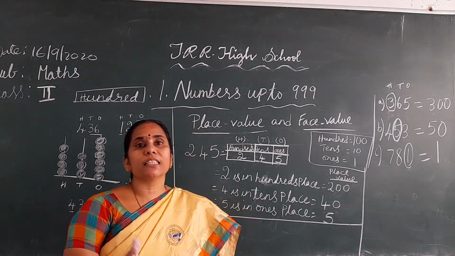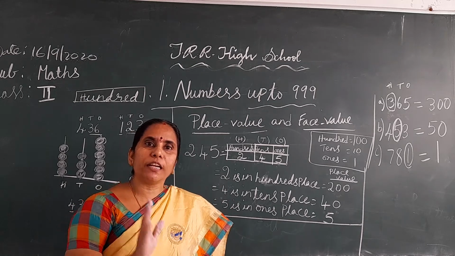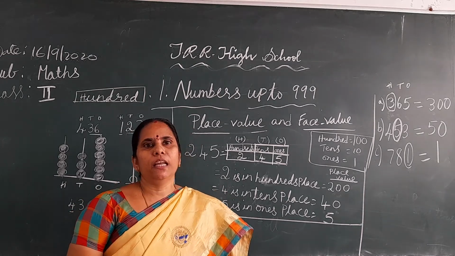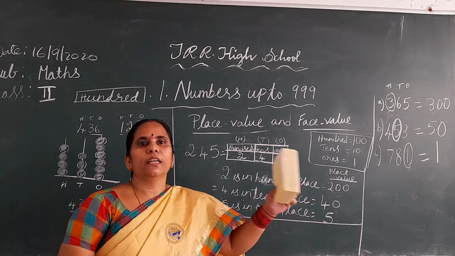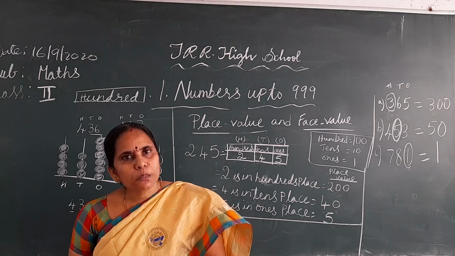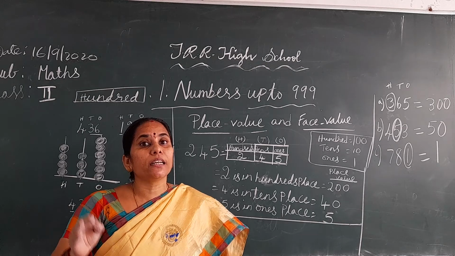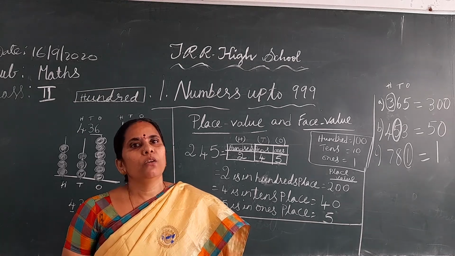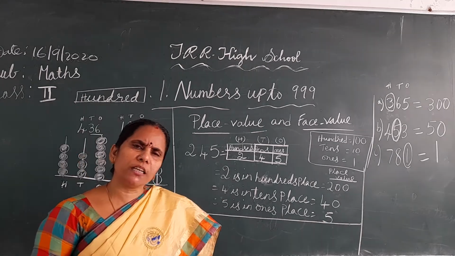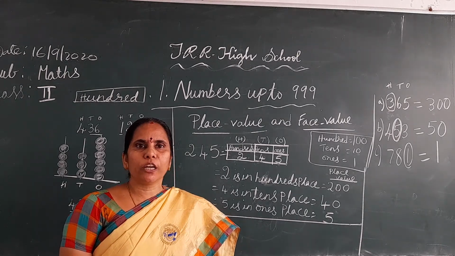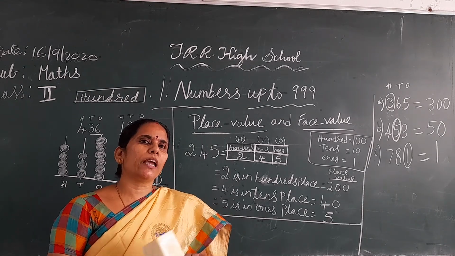If the digit is in any place, let it be in the hundreds place, tens place or ones place, the face value is the same, that digit only. We'll do one example, then you will easily understand. Okay children, today take one mirror.